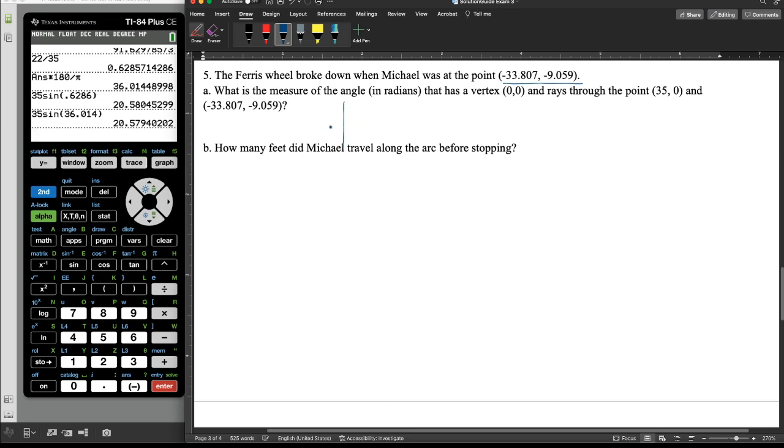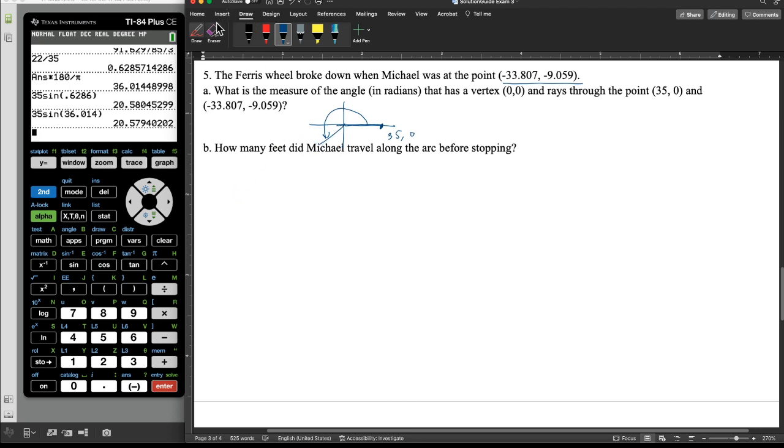Well, 0, 35, 0 is where Michael started, right? So what we're doing is measuring the angle from here over to here.